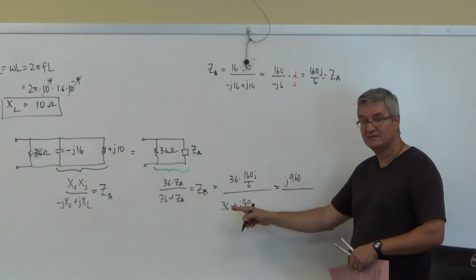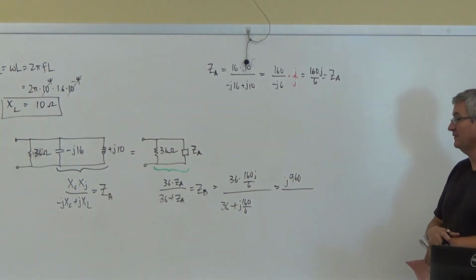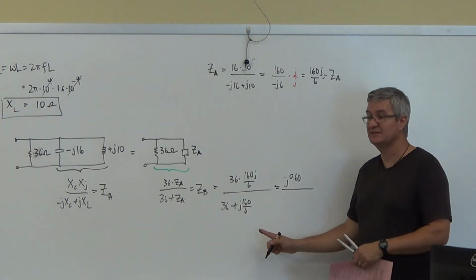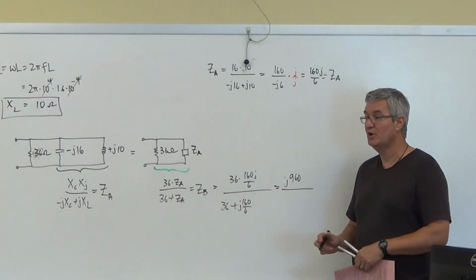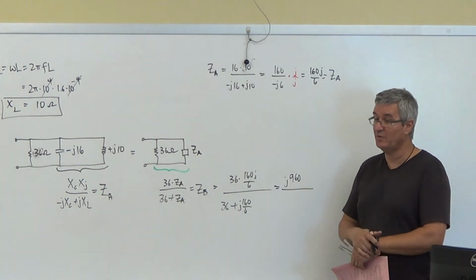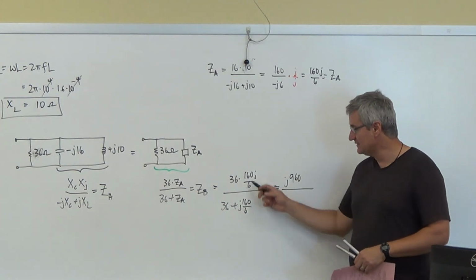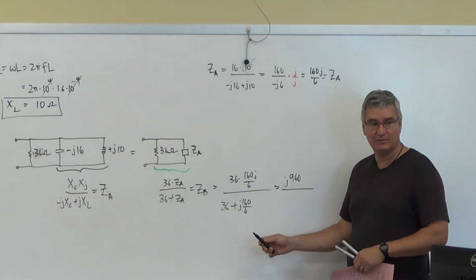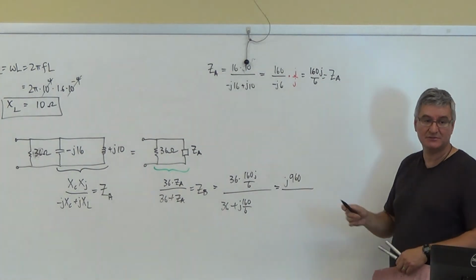So then I just got this mess here. How do I deal with this mess? Note that this is not in polar form. We want it in polar form. But technically, if we wanted to stick to rectangular form, I would multiply by the complex conjugate to get it upstairs here.